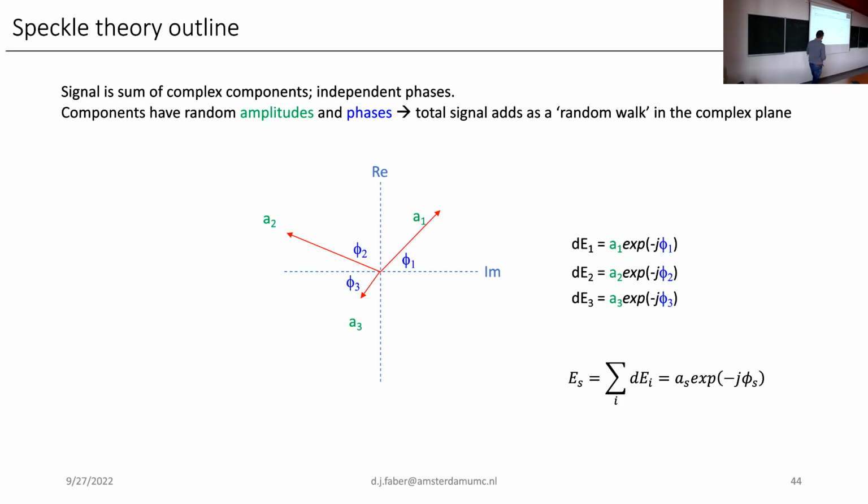We can represent all these parts of these electric fields as a phasor in the real-imaginary complex plane, with the amplitude and phase of each little part of the electric field. 1, 2, 3 in 3 reflectors. The total field is the sum of these components, which is complex.